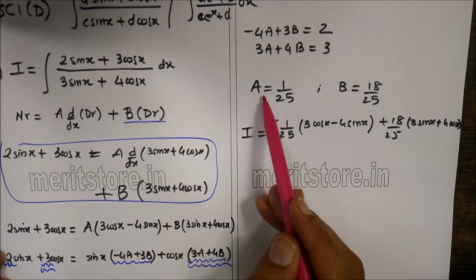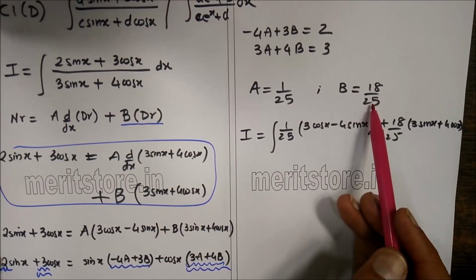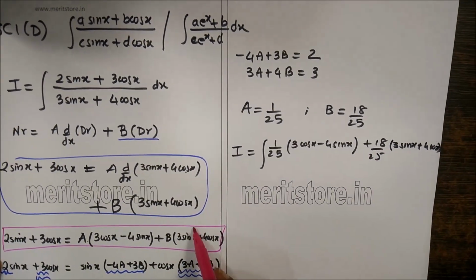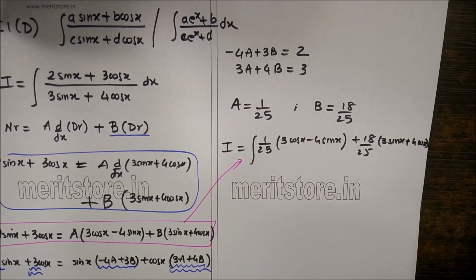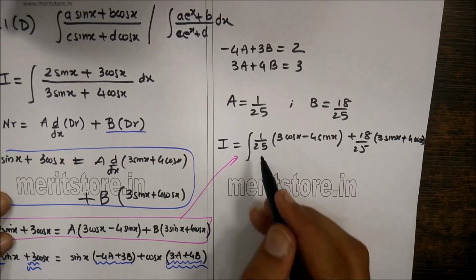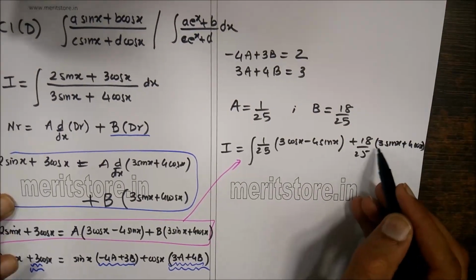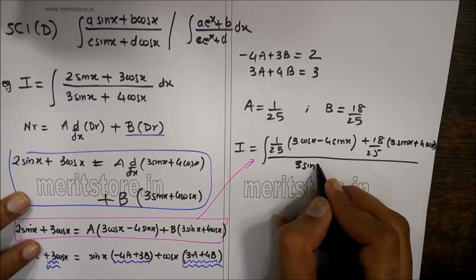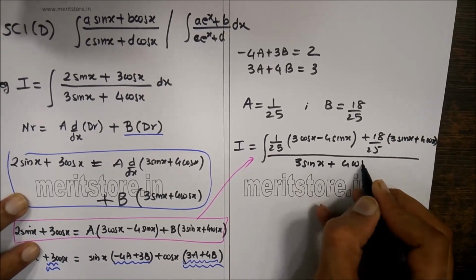So we got the values of a and b, 1 by 25, 18 by 25. Substituting those values of a and b at this step, our integral will be 1 upon 25 the term, 18 upon 25 the same term, upon 3 sin x plus 4 cos x.